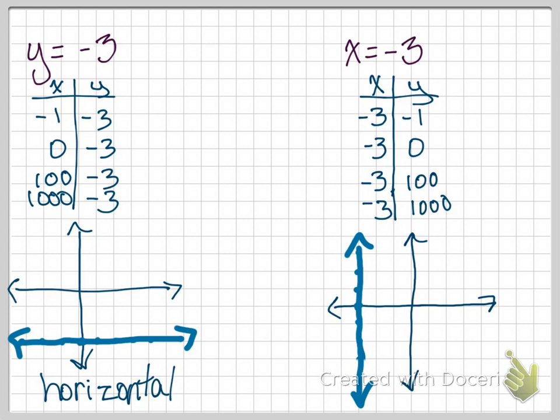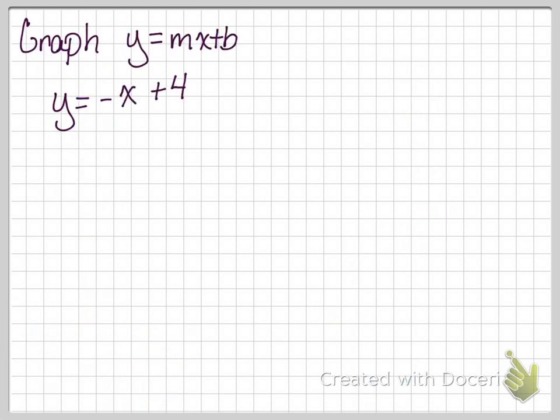Okay, can I move to the next screen? Okay, so now we've got y equals mx plus b. Y equals -x plus 4. So we are using the y equals mx plus b format.